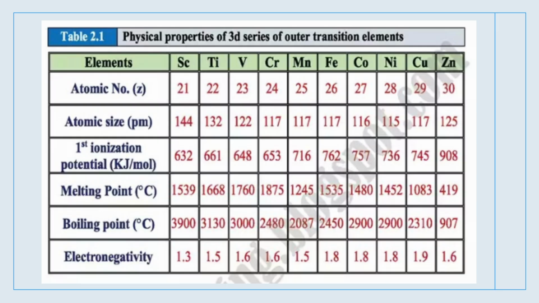In our course, we have the 3D series, so we will be focusing on the 3D series which belongs to the fourth period, and the elements that are included in this series are scandium, titanium, vanadium, chromium, manganese, iron, cobalt, nickel, copper and zinc. So these 10 elements from the 3D series of the fourth period will be studied here in chapter number 2, which is chemistry of outer transition elements, as this is included in our course.